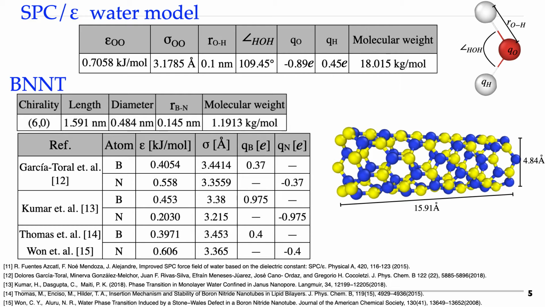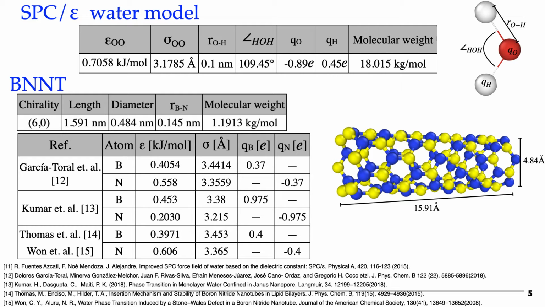We present some parameters found in the literature for the nanotubes, such as those Garcia Toral and collaborators used for dopamine and caffeine encapsulation within boron-2 nanotubes, Kumar and collaborators to explore the properties of a monolayer of water molecules confined between two extended surfaces, and Thomas Orgon and collaborators for the water permeation through boron-2 nanotubes.